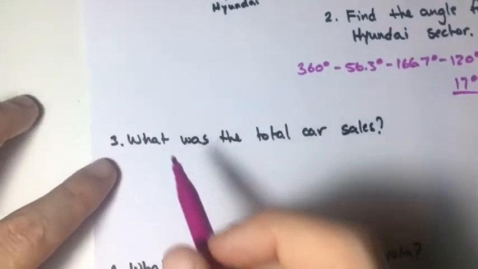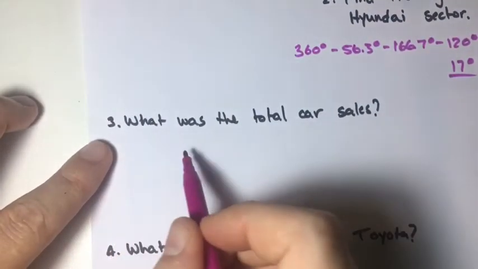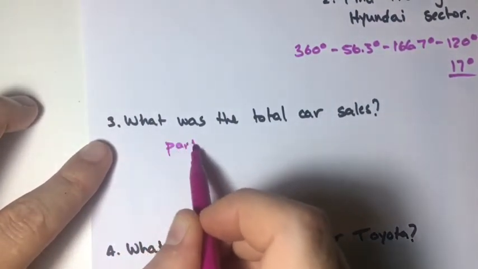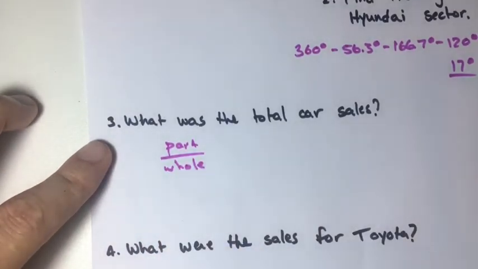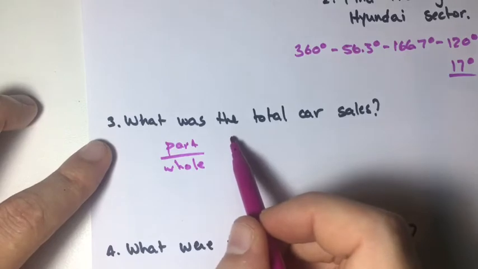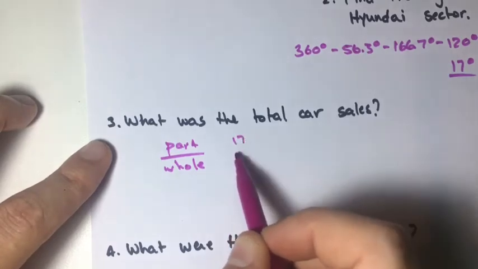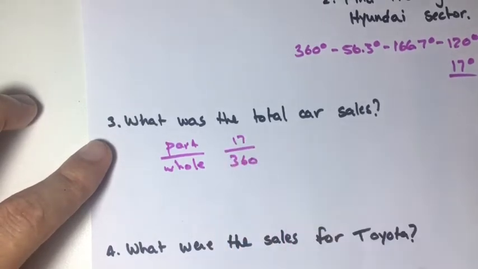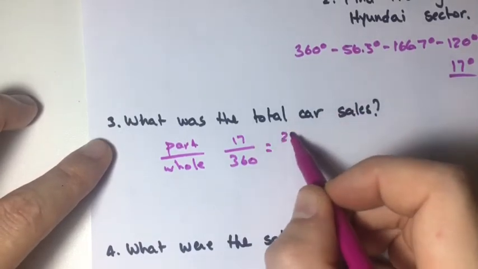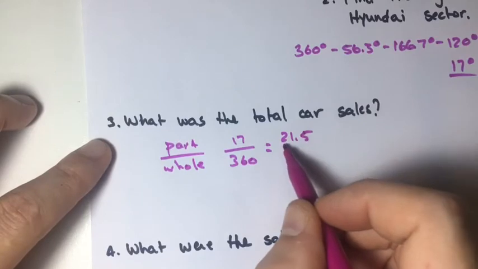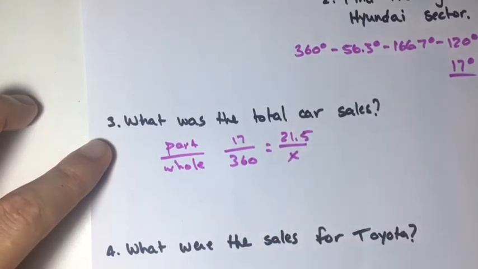We're going to use our part over whole. And we know the Hyundai part for the degrees is 17 and the whole is 360. So we can make this equal to 21.5 over the whole.